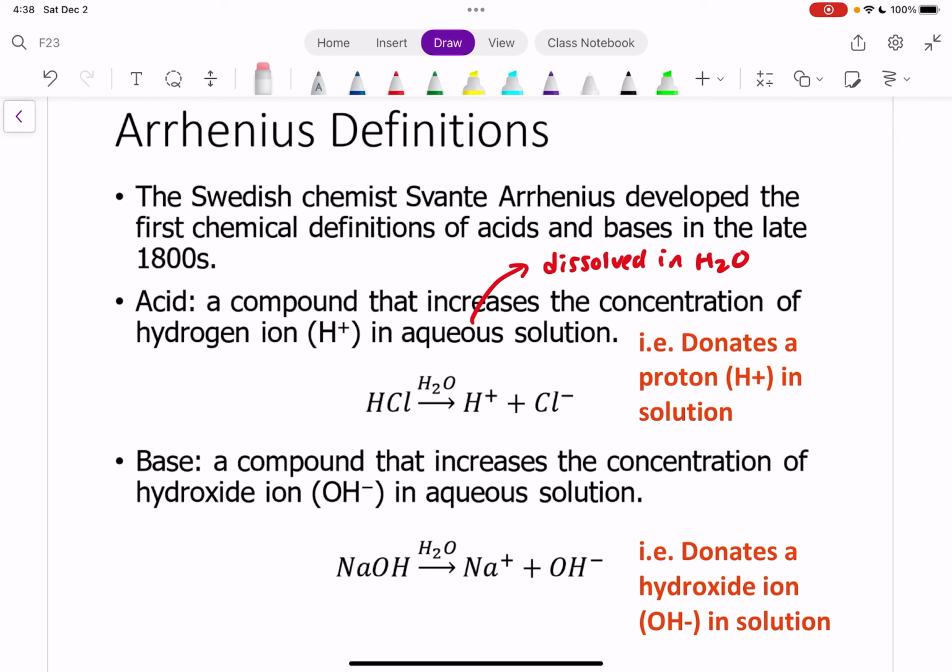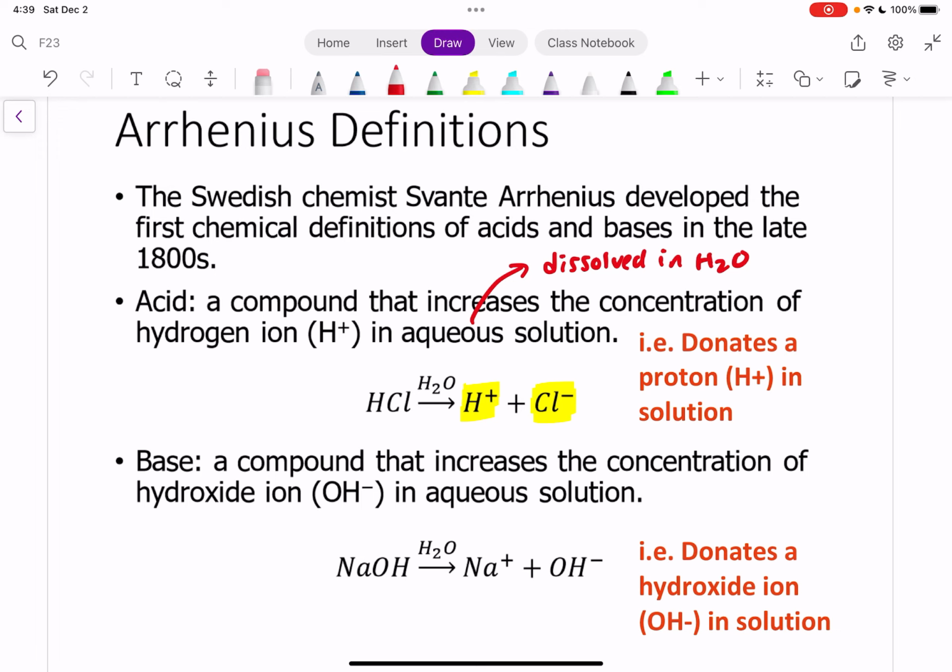And what ends up happening is we end up splitting up or dissociating those ions in our HCl completely. So we get chlorine turning into an ion, the chloride ion, which will have a -1 charge because it's in group 7A. So it's going to want to gain 1 electron.